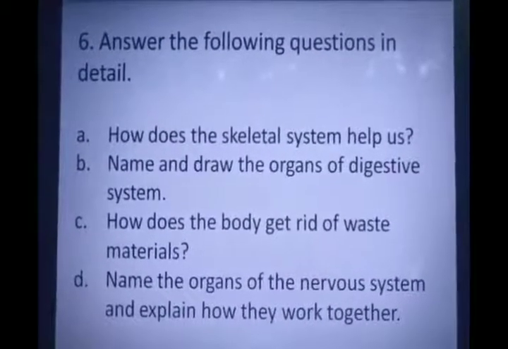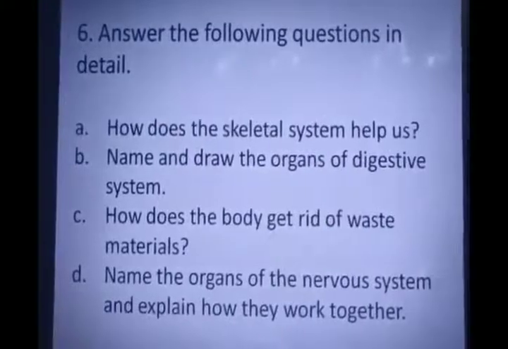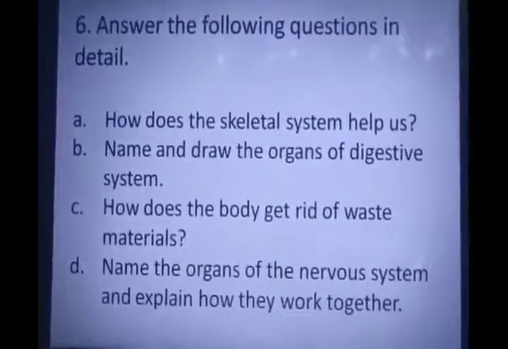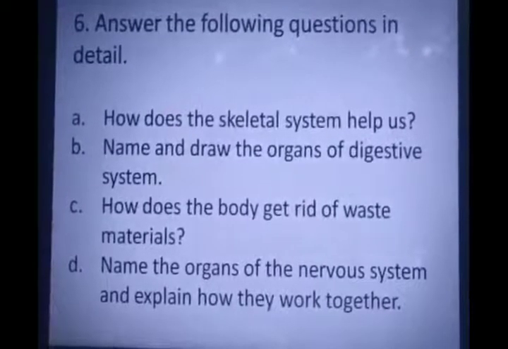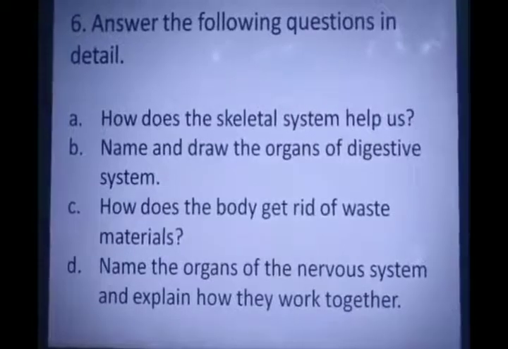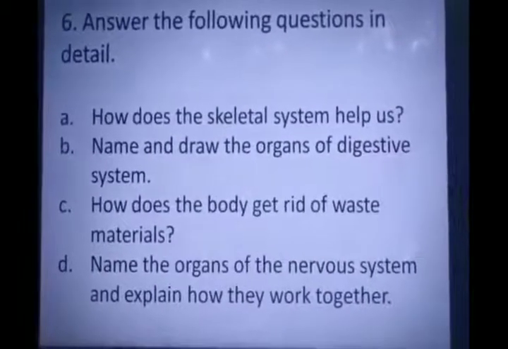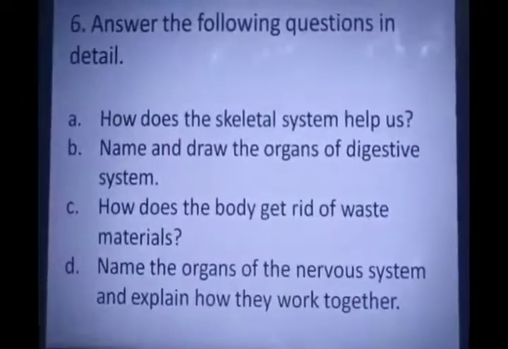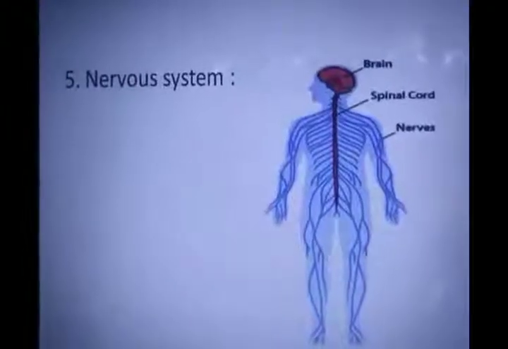Children, we have learned about the nervous system. We have seen what the various organs of the nervous system are and how they work together. Before writing the answer to this particular question, let's brush up our knowledge.